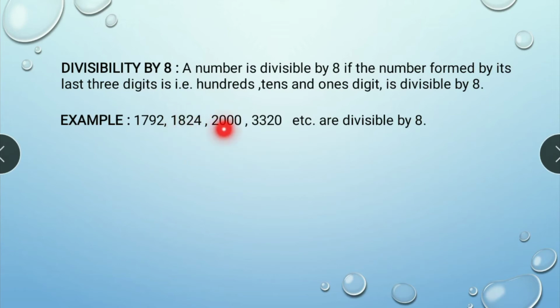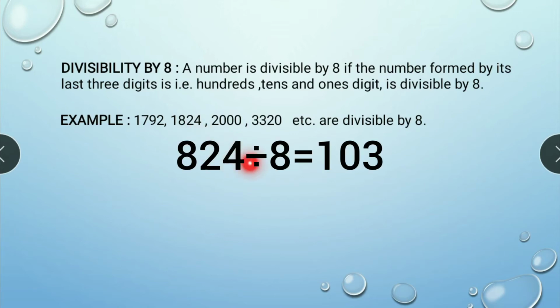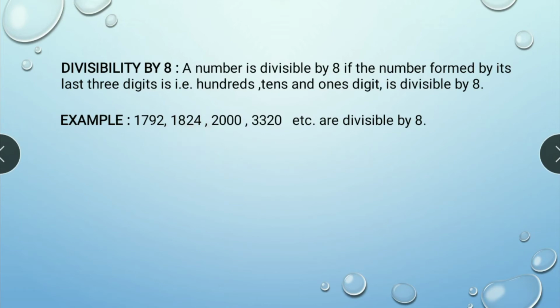Now here we can see 824. The number formed by last 3 digits here is 824. 824 is divisible by 8. So 1824 is also divisible by 8. Now see here.